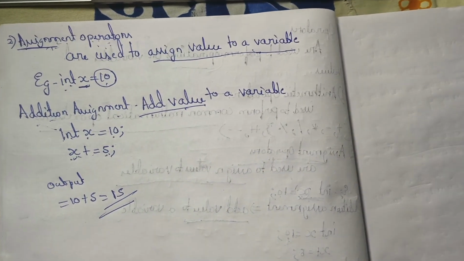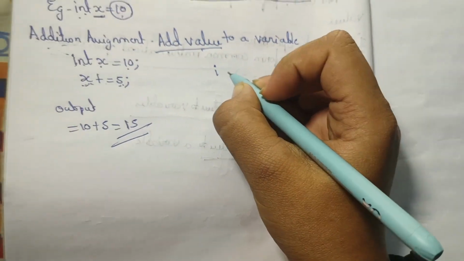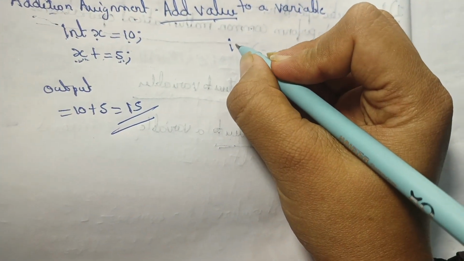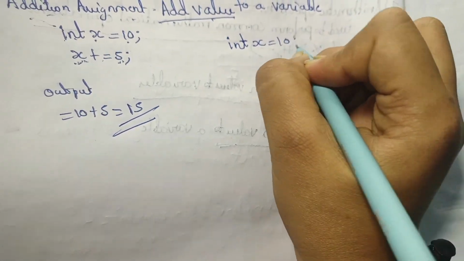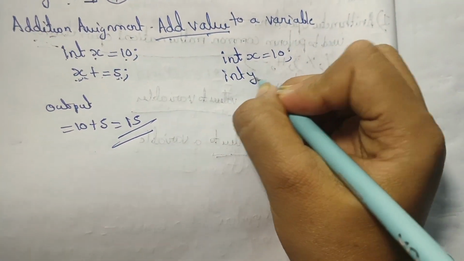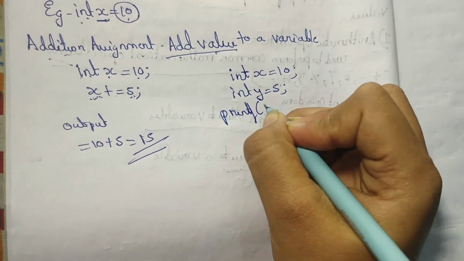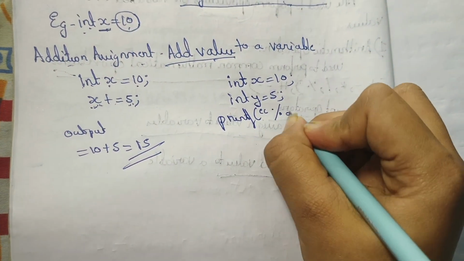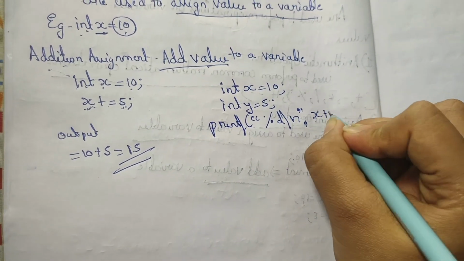But in the other way, if you sum it by declaring separately, that is int x is equal to 10 and int y is equal to 5, then in printf you write the format specifier, new line, and x plus y.